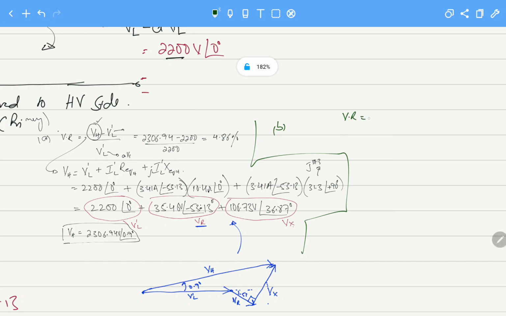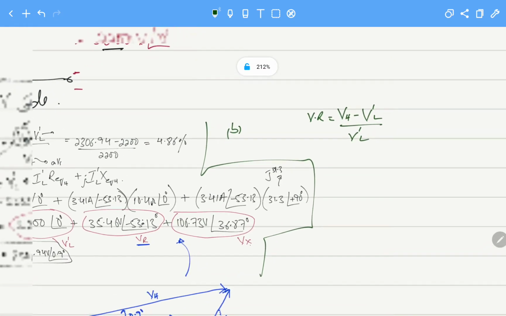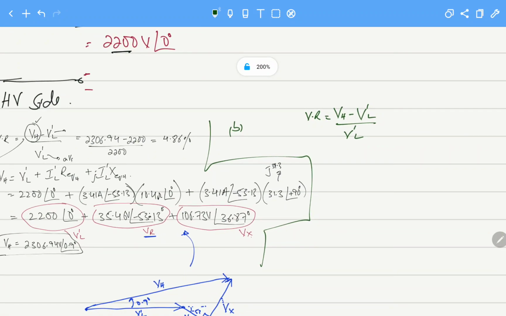The formula for voltage regulation is the same as previously, VH minus V dash L over V dash L, and we know VH is equal to V dash L plus I dash L R equivalent H plus I dash L X equivalent H. But in this case, due to the leading power factor, the value of current has only changed.